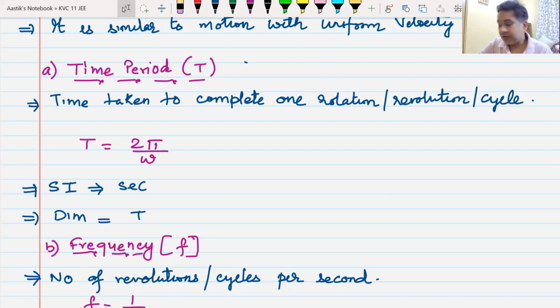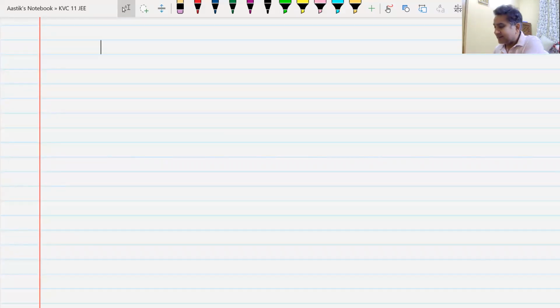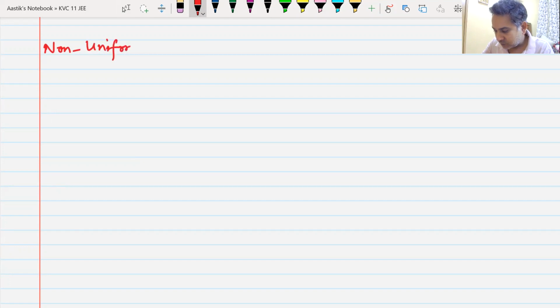Now in today's class, last class we finished uniform circular motion. So we can write the next heading, and the next heading would be non-uniform circular motion. I hope everyone can see this. Now, what do you mean by a non-uniform circular motion? When do we say the circular motion is non-uniform?